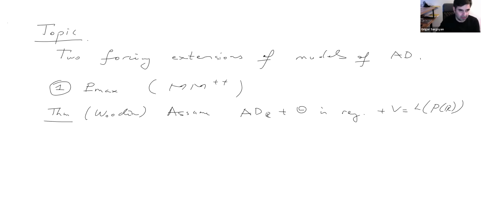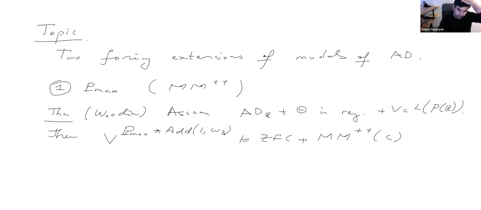So if you assume these things, then we have to force with Pmax, which we don't need in this lecture. It is not about Pmax, so you don't need to know what it is. And then add a club subset to omega-3. Then this will force ZFC, but it will also force MM++ for posets of size continuum.